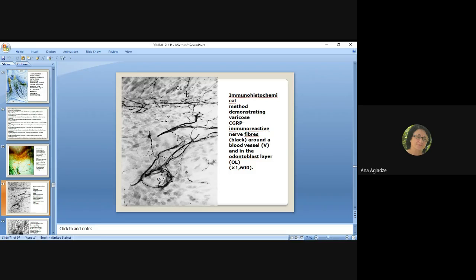Fibroblasts can also produce neurotrophic factors in response to injury. Expression of these factors is altered, and these alterations are perceived by surrounding odontoblasts, immunoactive cells, and the nerves with their receptors, which have high affinity to these neurotrophic factors.